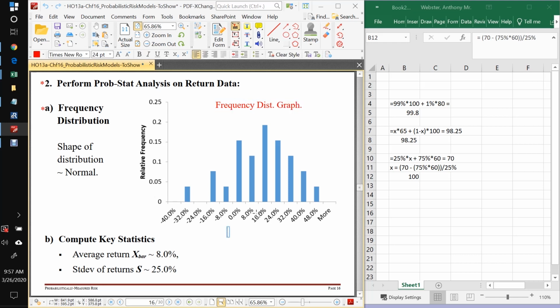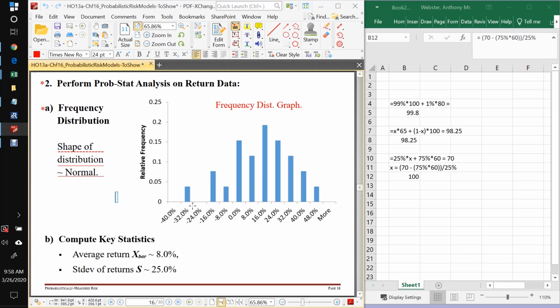This pretty much should look like a normally distributed set of data, and that's what typically is always assumed in a case like this for stock data.